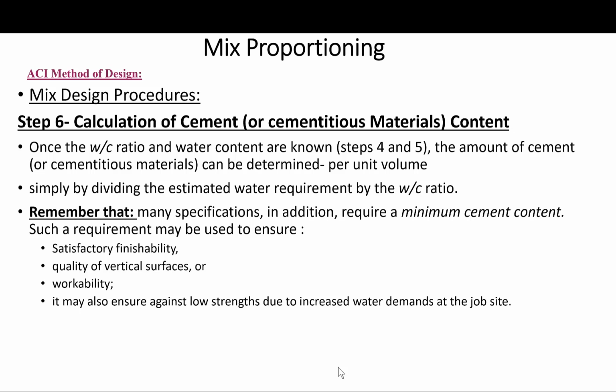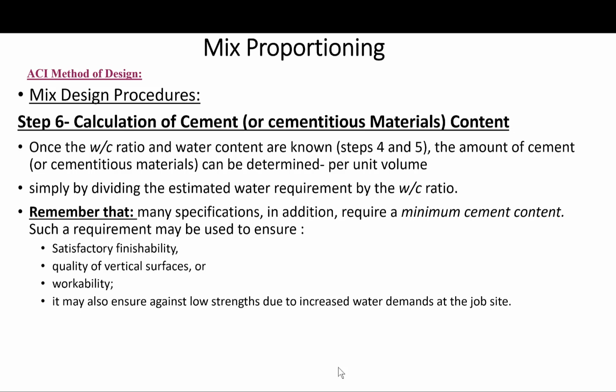Step number 6 is the calculation of cement or cementitious materials content. Once the water content and water cement ratio from steps 4 and 5 are determined, the amount of cement or cement plus mineral admixtures per unit volume of the concrete is determined simply by dividing the estimated water requirements by the water cement ratio.